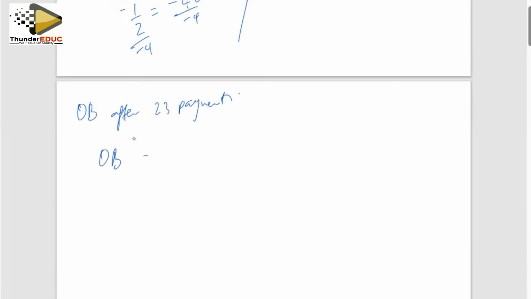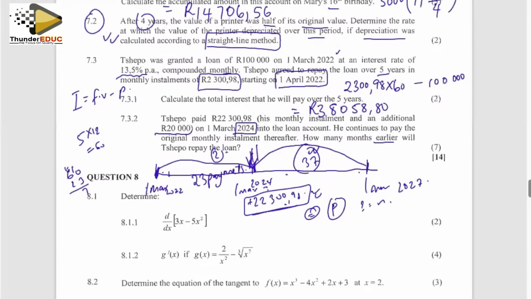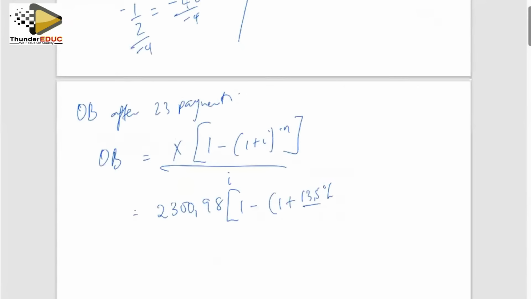So OB is given as x 1 minus 1 plus I to the exponent negative n over I. So if it is 23,98 into 1 minus 1 plus, we said it is 13.5%. What is the compounding? It's monthly, okay?